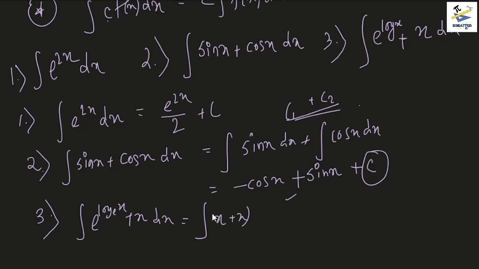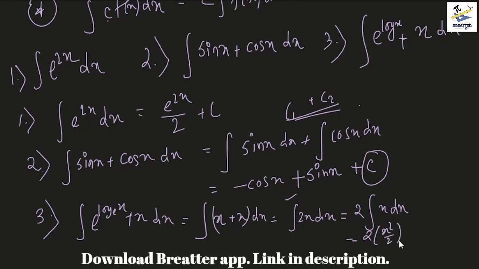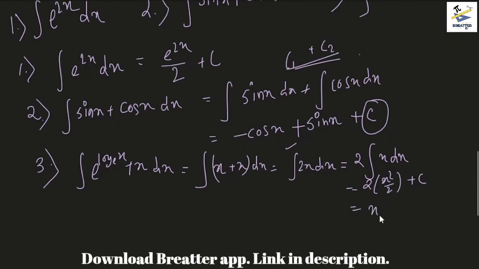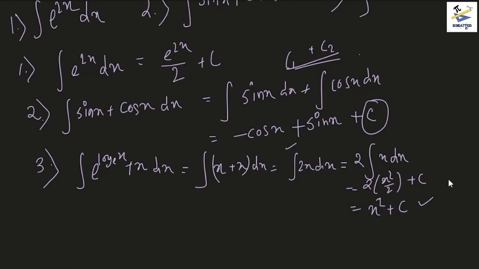So x plus x dx, which is basically 2x dx, and we can see that the constant 2 comes out and it's just integral of x dx, and integral of x dx has a form which is x squared by 2, and there would be a plus c outside. This would mean you will have the integral as x squared plus c. This is your answer. So these are just the basic applications of the direct formulas.